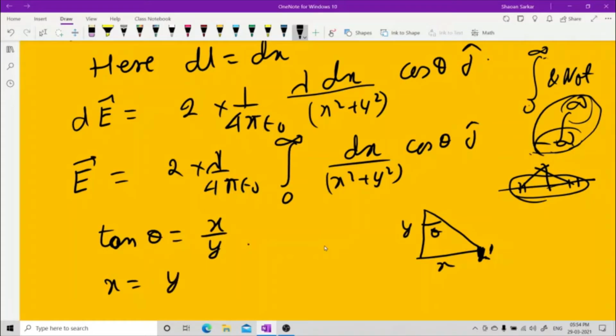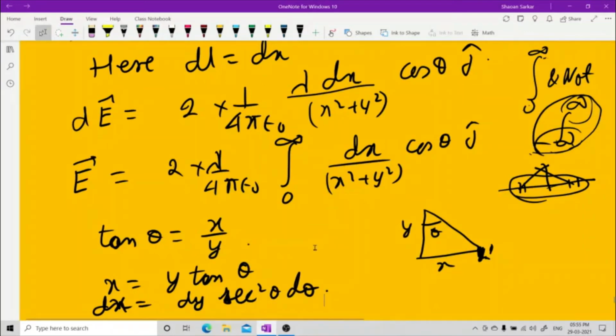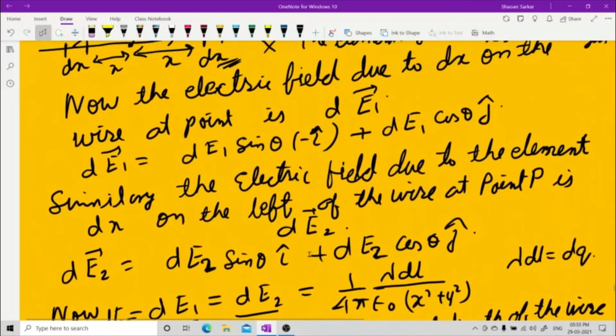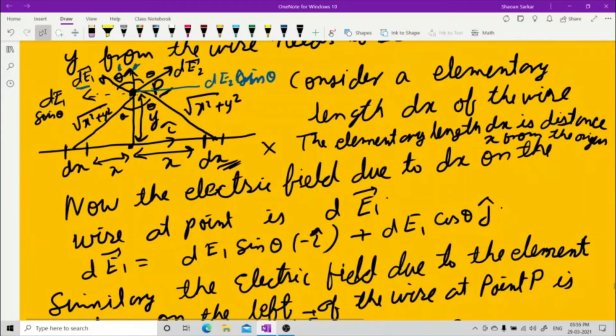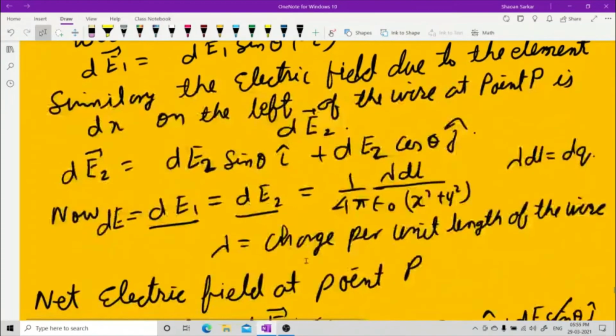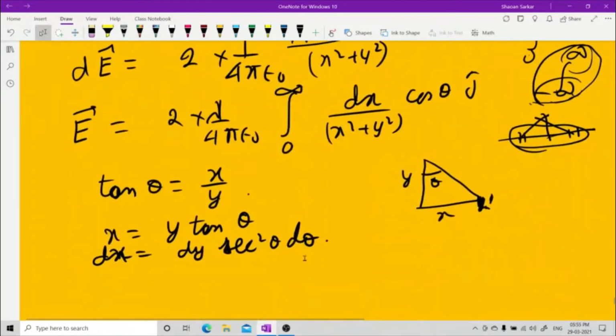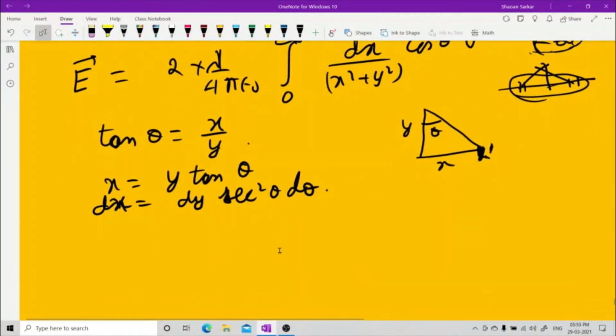So x is equal to y tan theta, so dx is equal to y sec square theta d theta. See why I have taken theta as the variable and not x. The further you go from this point, the theta changes. That's why I take the variable as theta here, not x, because theta will help me do the calculations faster.